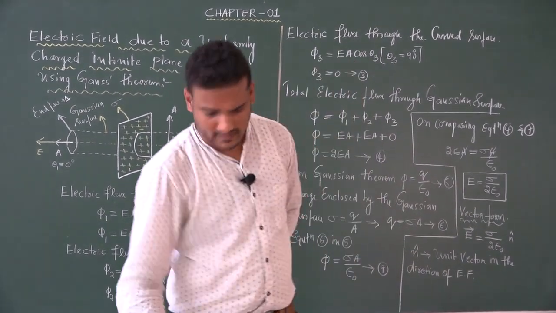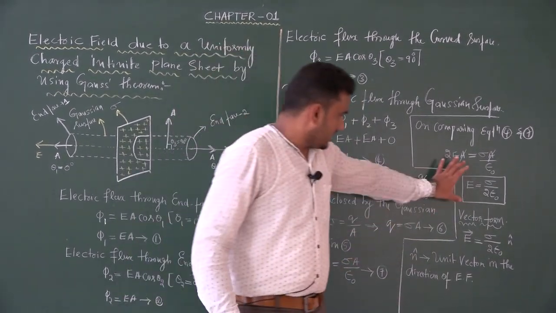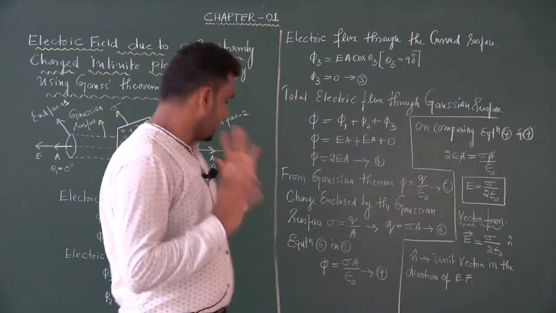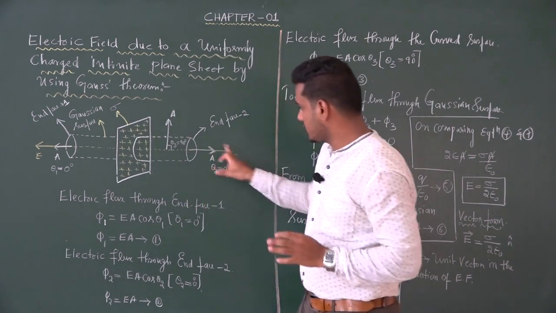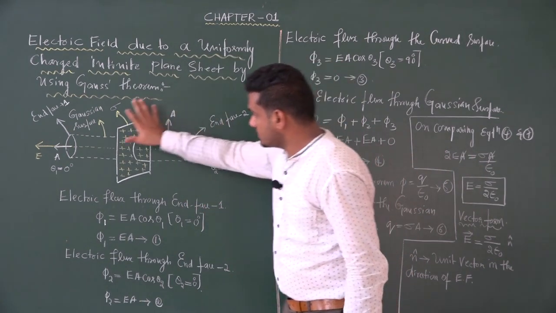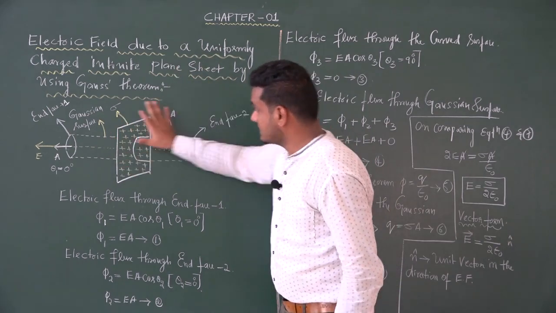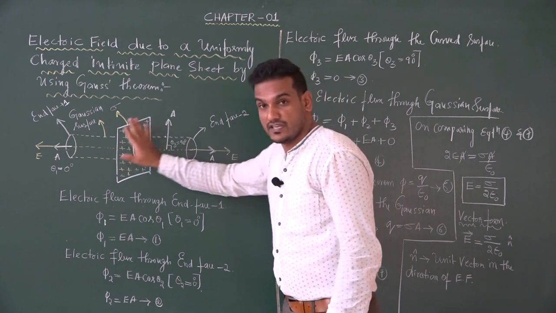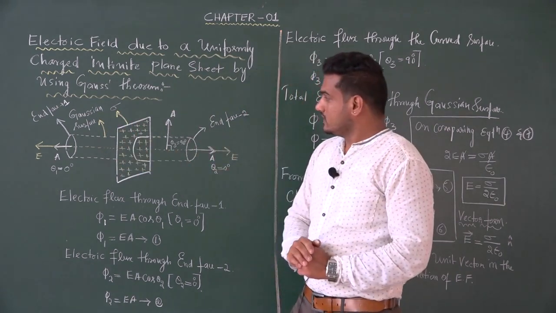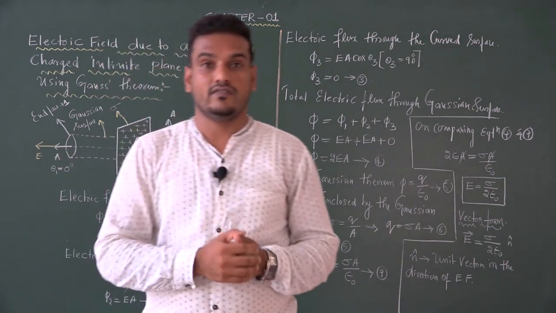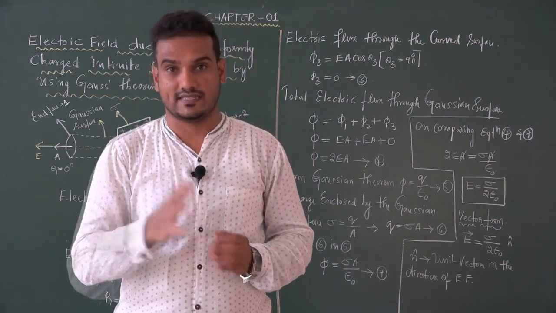So in this case the electric field is independent of r. Look at the direction of the electric field: it is directed outwards. Suppose this plane sheet is negatively charged, then the direction of the electric field is inwards. So this is the second application. One more application we have, we will discuss in the next class. Thank you.